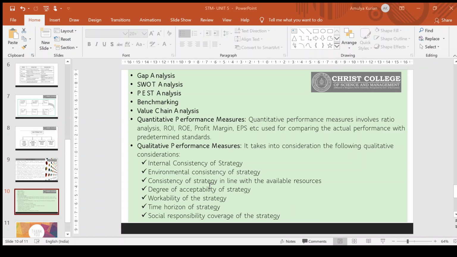Along with this, another important one is key result areas. Key result areas is also called key performance areas. It refers to the general areas of outcome or outputs for which a role or a combination of roles is responsible. That means each individual, each team, each department will have certain areas to concentrate on, and they will be measured based on those areas.